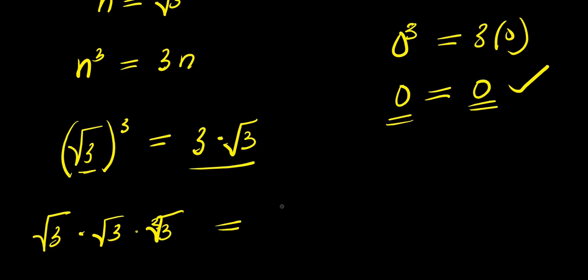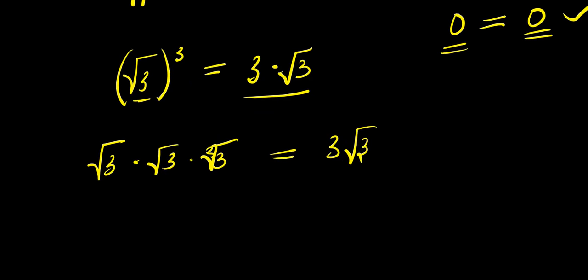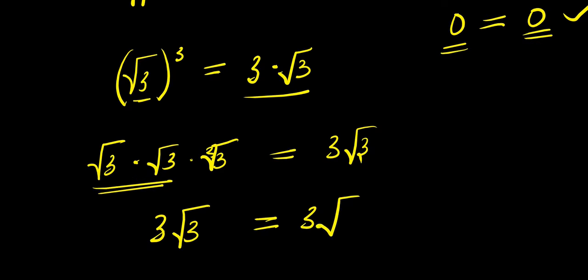And 3 times root 3 will give you 3 root 3. So root 3 times root 3 will give you root 9, and root 9 is 3. So this is like having 3 root 3, because this will give you root 9 times root 3. Root 9 is 3, times root 3, that is 3 root 3. And this is 3 root 3 as well. So this has satisfied the equation.